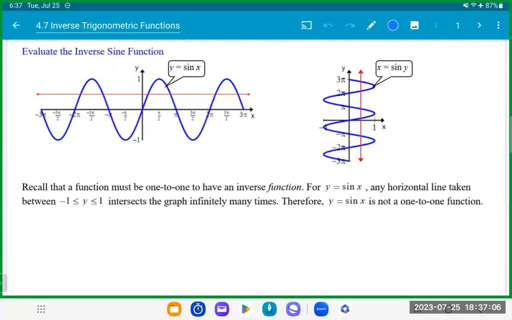All right, so now let's talk inverse, right? When we did the college algebra portion of the class, we had a section where we looked at inverses. That's where if I switch my x and y values and then resolve for y, I end up with my inverse.